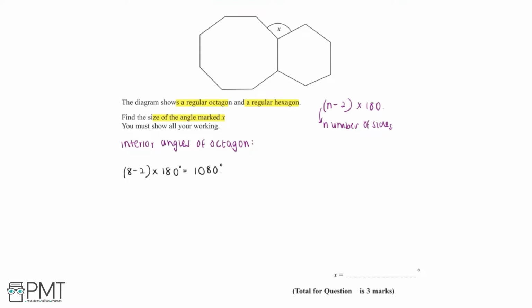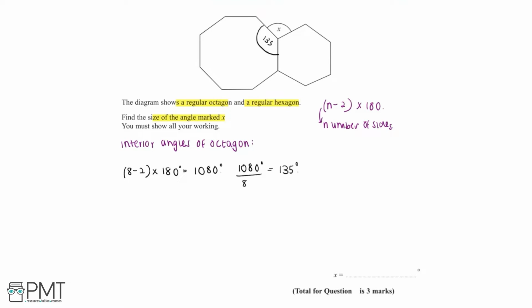And so if the total angles in a regular octagon add up to 1080 degrees, each angle is equal to 1080 divided by 8 angles, which is equal to 135 degrees. And so each interior angle of an octagon is equal to 135 degrees. And so we can label this angle as 135.